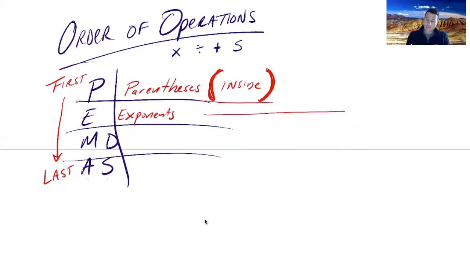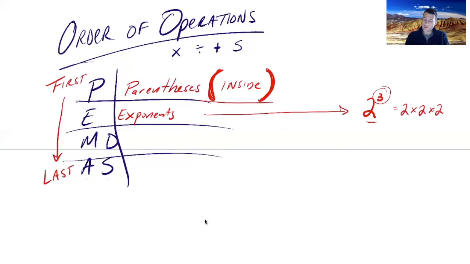Okay. Second is the exponents. And remember, exponents are these little guys that hide way up here in the top right corner. All right. This is the exponent. So this is the base, and this is the exponent. And remember, it is not 2 times 3. It is 2 times 2 times 2.